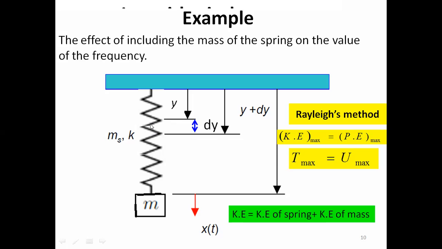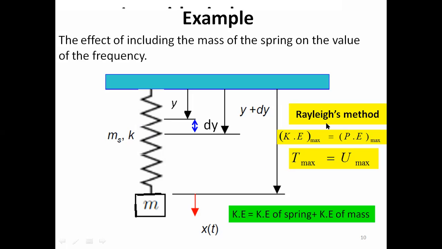Its mass is dm. And this end of the small portion of the spring from the support is y, so the distance up to the other end of the small portion would be y plus dy.